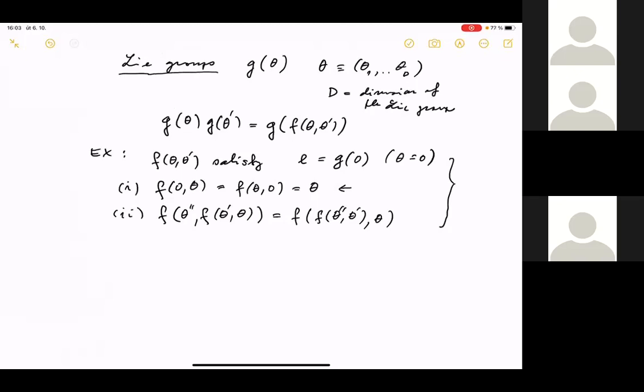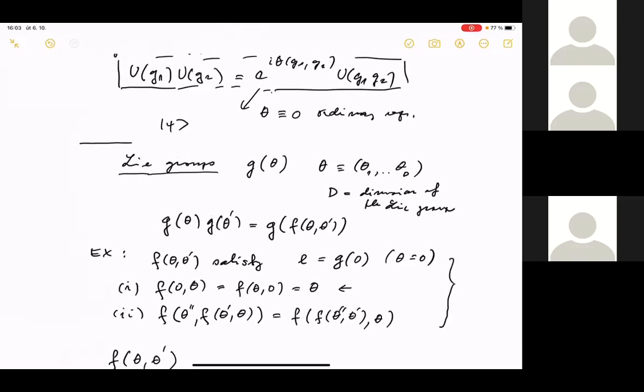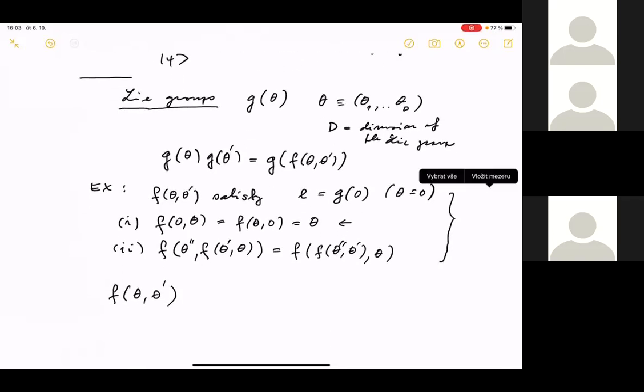A straightforward consequence of these is the following. This function of theta and theta prime, I call it a function, but in fact, because these thetas are d-dimensional multiplets of parameters, this f is a set of d functions, so we can assign to this f an index as we did for the parameters, and this index goes from 1 to d, where d is the dimension of the group.